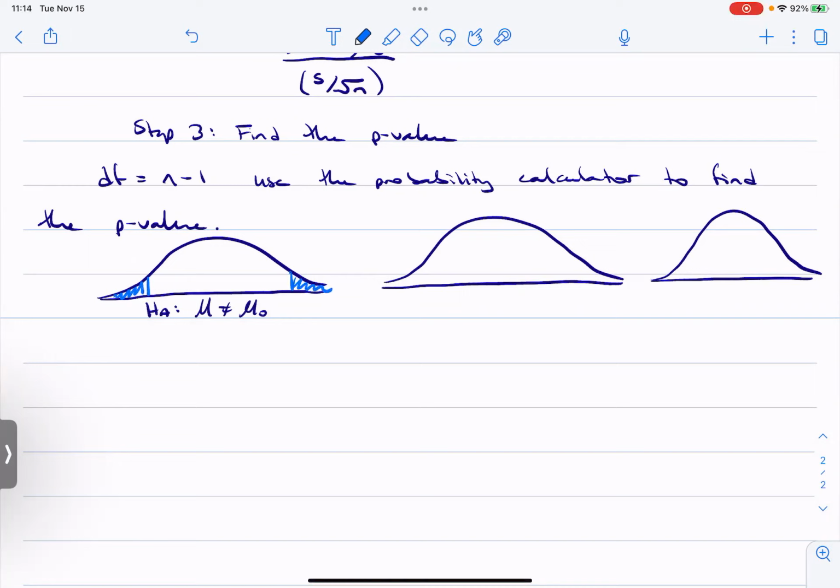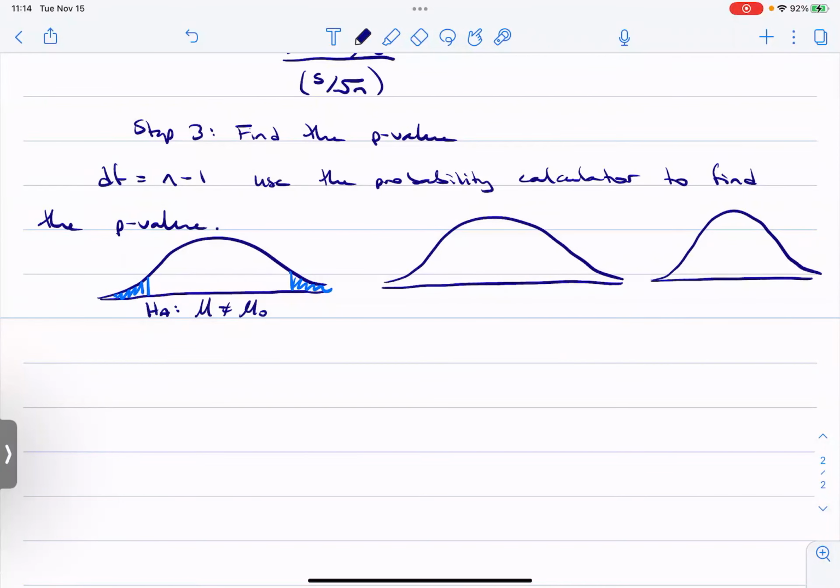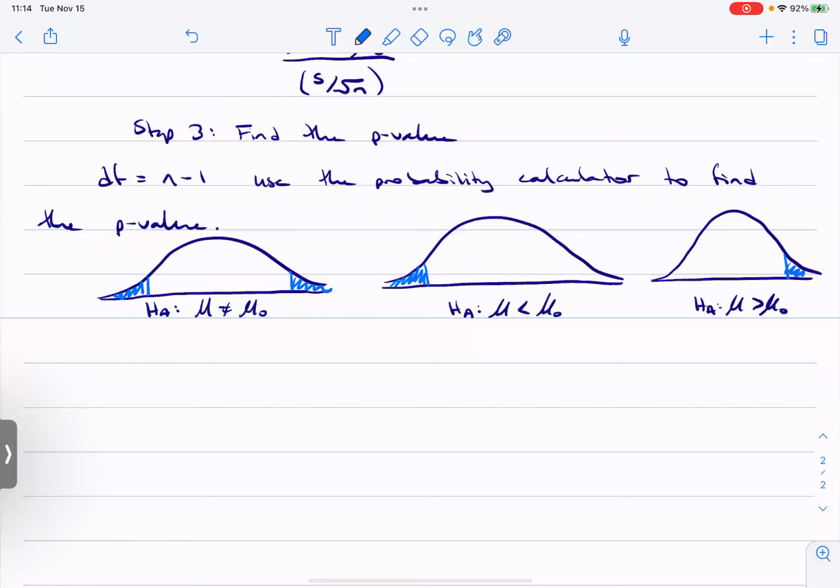We need to know which area we want, because otherwise I can't put it into that probability calculator. It does all the work for me, but it can't read the question for us. If the alternative is that mu is less than mu naught, that's going to be the area in the lower tail. And if the alternative is that mu is greater than mu naught, that's going to be the area in the upper tail.